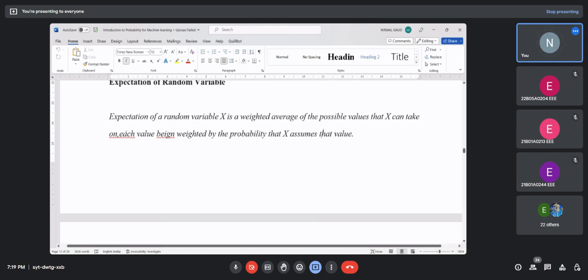What is the probability that I'm going to get that particular value as an output? That is the expectation of a random variable.